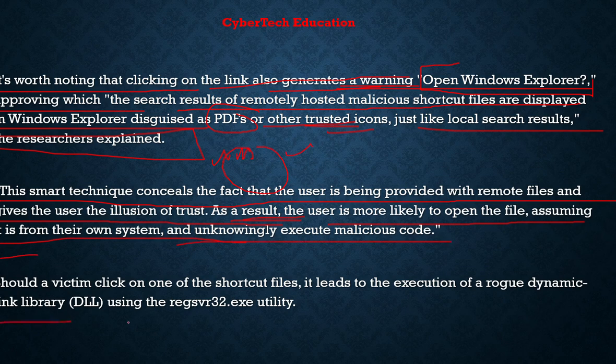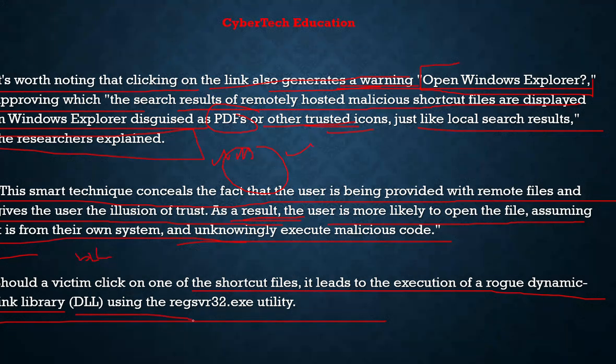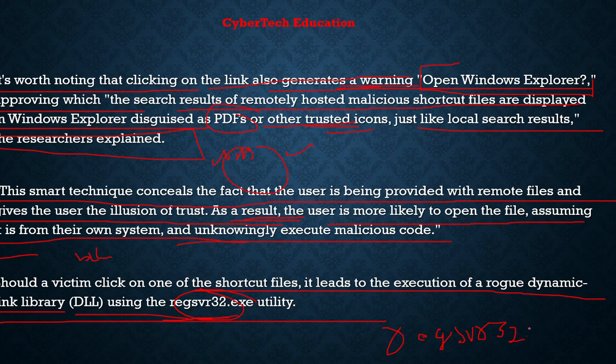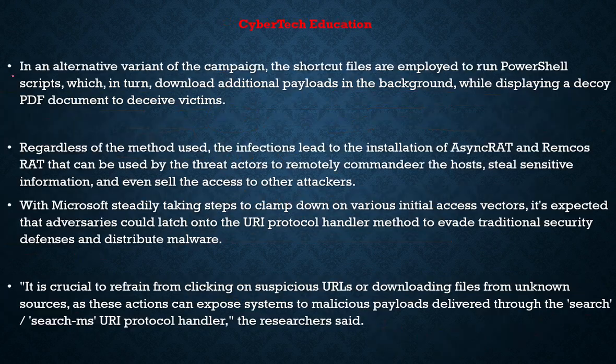Should a victim click on the shortcut files, it leads to a dynamic link library, or DLL, being run using regsvr32.exe, and a malicious payload is downloaded through the DLL.